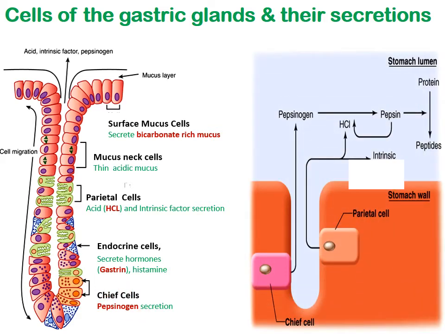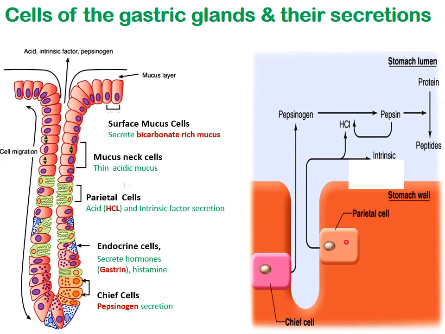This flow chart will give you an idea of how it is happening. You can see proteins will be broken down to peptides by pepsin, right? The chief cells will be secreting pepsinogen. Pepsinogen is converted to pepsin by the action of HCl, right?